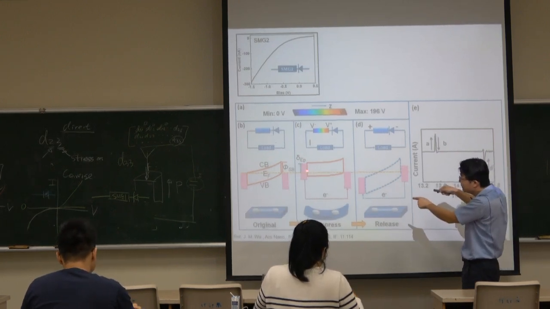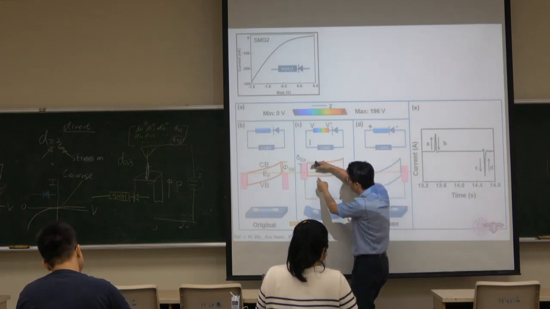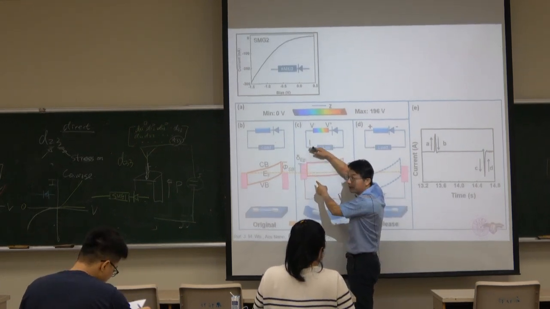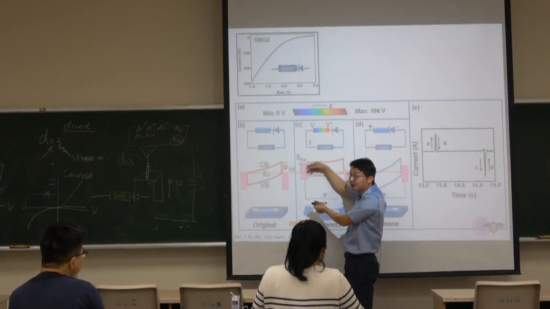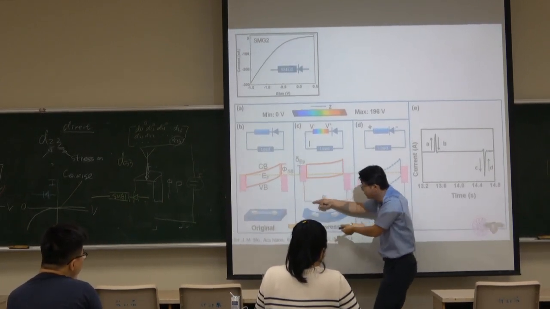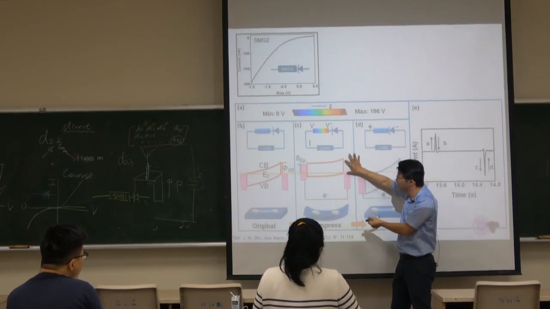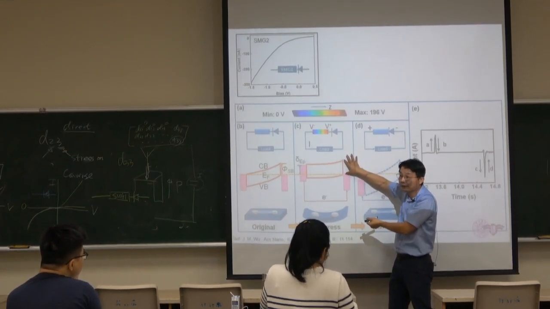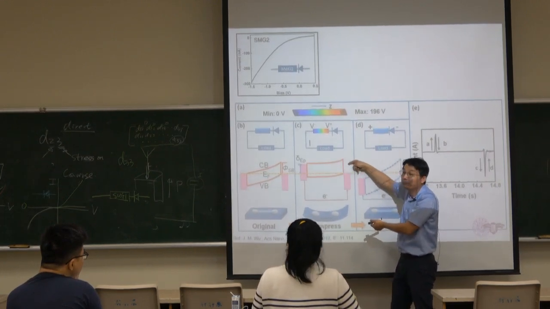This piezo potential created on the left-hand side lifts the conduction band, and because the conduction band has some carriers, the electrons flow from the left-hand side and accumulate on the right-hand side. Because there's a Schottky barrier height right here, the electrons just accumulate here, being blocked.